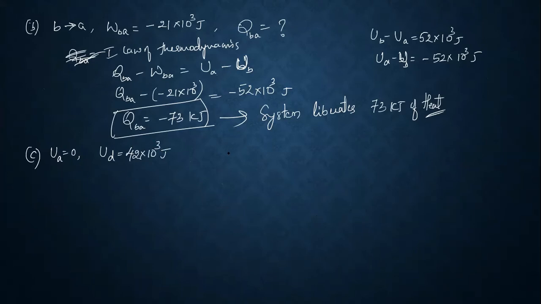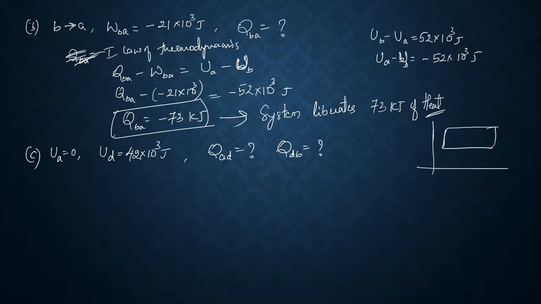Find the heat absorbed in the processes AD and DB. If U_A is 0 and U_D is 42 kilojoules, find the heat transfer in the process Q_AD, how much, and Q_DB. These two we have to find during the process. We have to find this Q_AD separately, and Q_DB. Now, let us solve this.